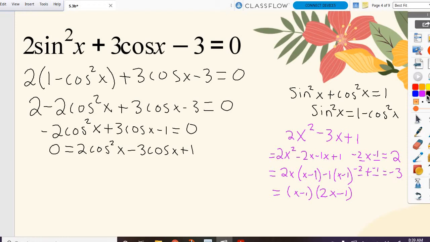And again, we don't actually want x's, we want cosines of x. So I'm going to go back in and replace those x's with my cosines of x.